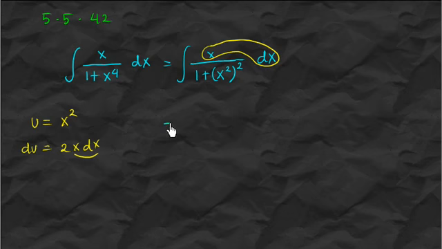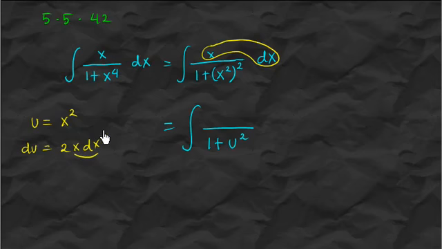So let's see, we have the integral; on the bottom we have x squared, which is u, so u squared, and on the top we need to somehow rewrite x dx in terms of u.